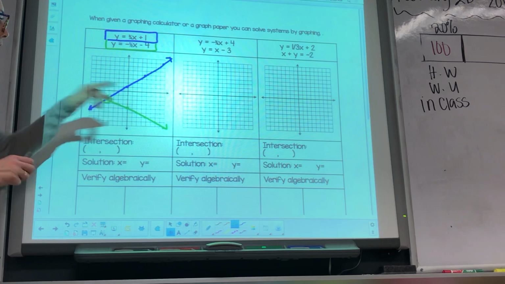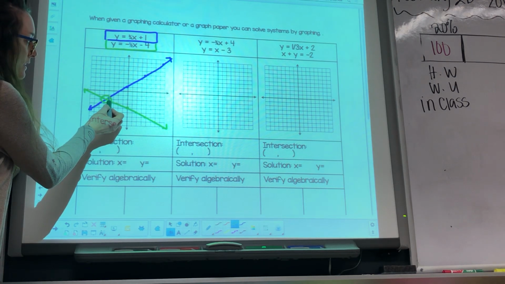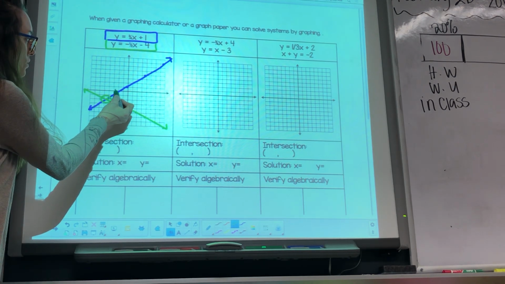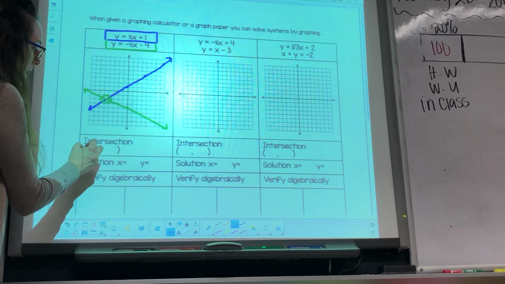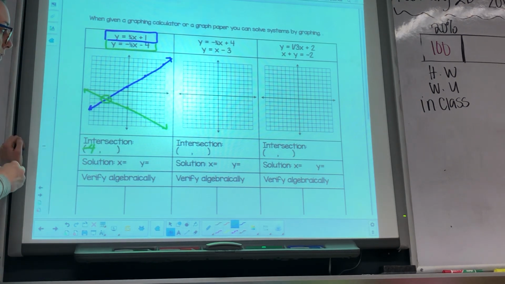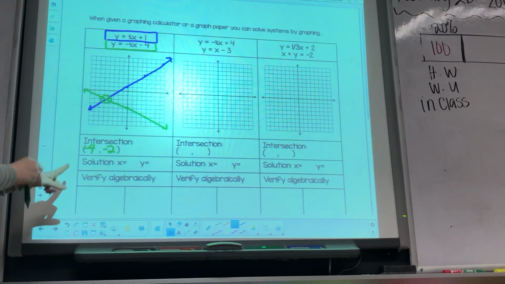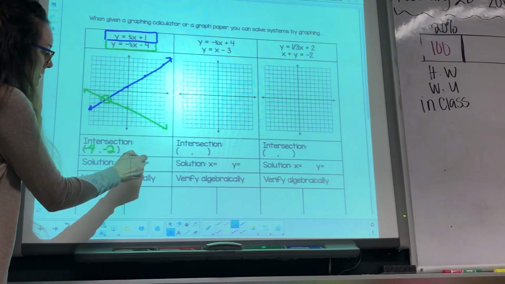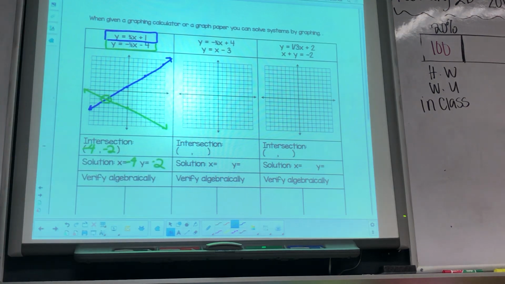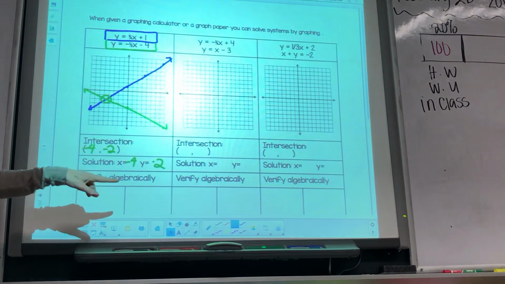So if I start at my origin, to get over to this intersection, I'm gonna go back 1, 2, 3, 4. So I have a -4 for my x, and I'm gonna go down 2. My y is down 2. The solution is just the same thing, where you're just rewriting that ordered pair.